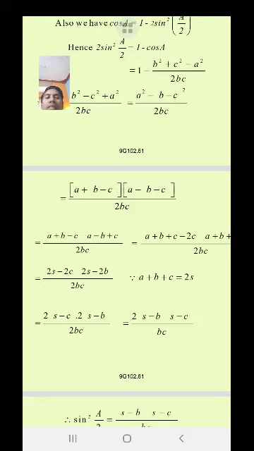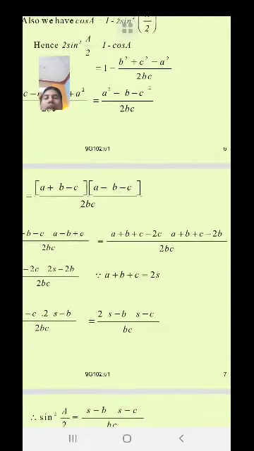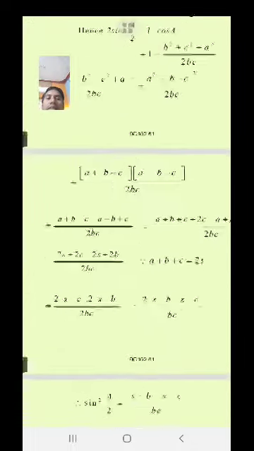And here the bracket is not printed, so we have to put brackets for the first factor and second factor. Coming to the second factor, here we are adding b and subtracting b. Then it becomes a plus b plus c, and minus b, we can write minus 2b. So this is also kept in a bracket.